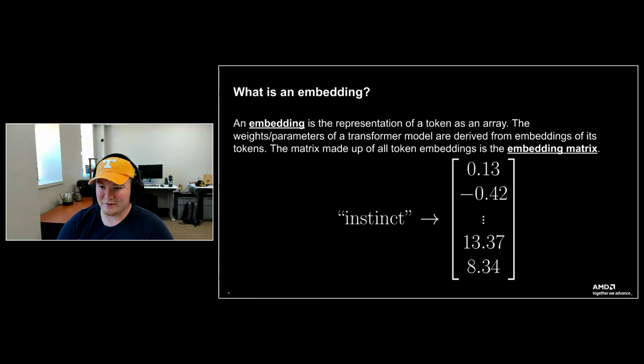So the classical example is that you might have the word man and the word woman. They would have a particular embedding, so a particular vector representation with floating point numbers. And if you take the difference vector between the embedding of man and the embedding of woman, this is the classical example, it tends to be very similar to the difference vector between the embedding of king and the embedding of queen.